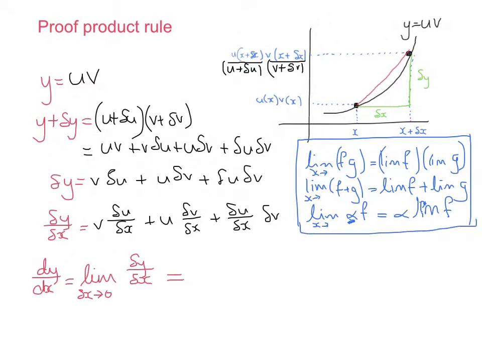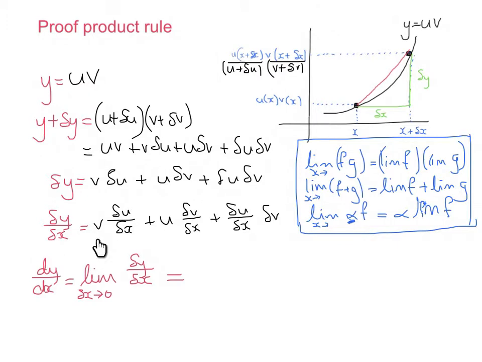Okay, where was I? So first of all, I've got a limit of a load of things adding up, but I'm using the rule that the limit of these things added up is the limits of the individual things added up. So I can do the limit of this, the limit of this, the limit of this separately.